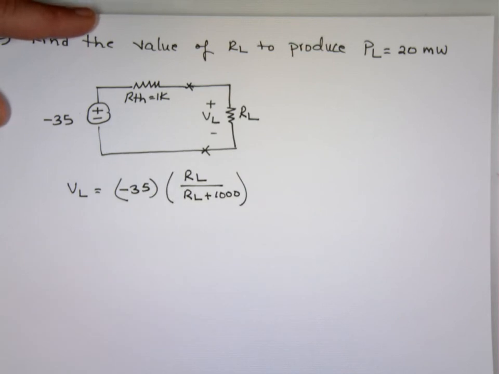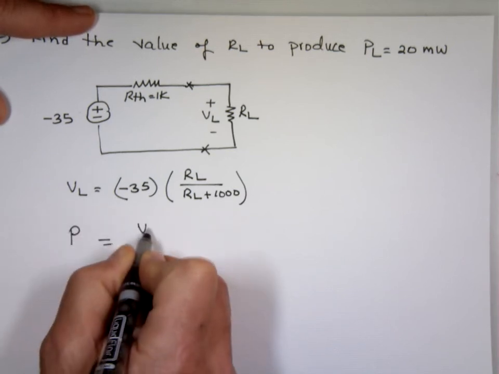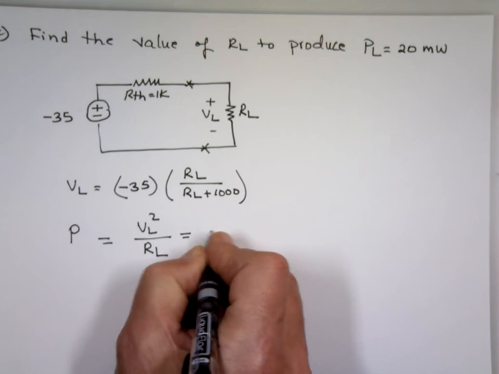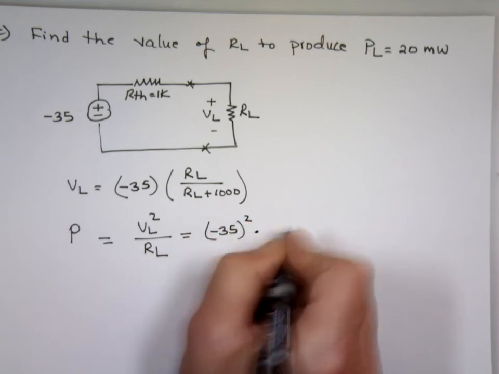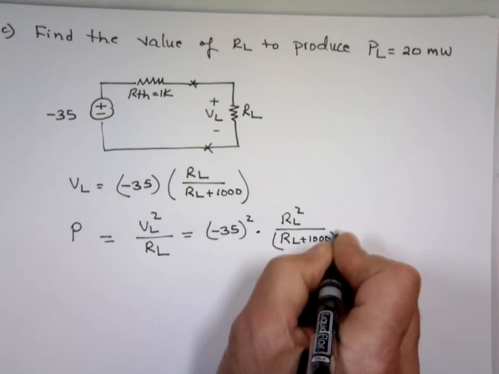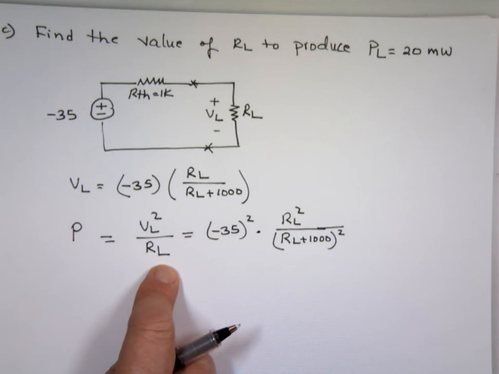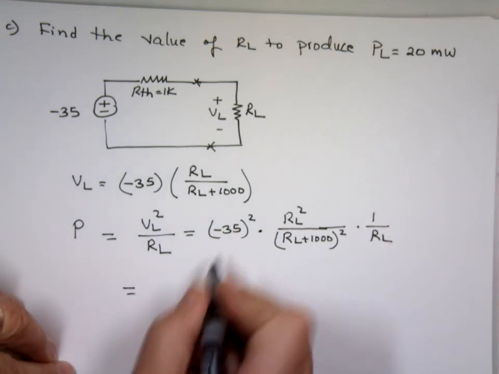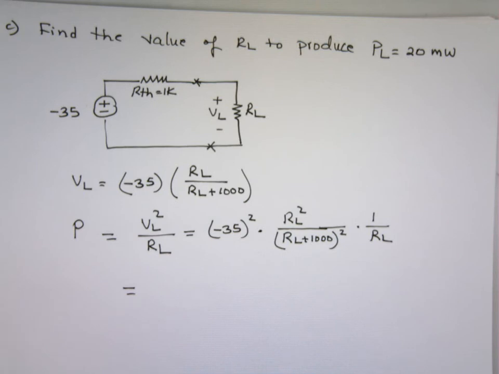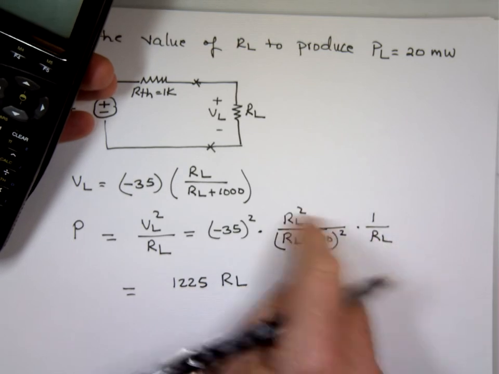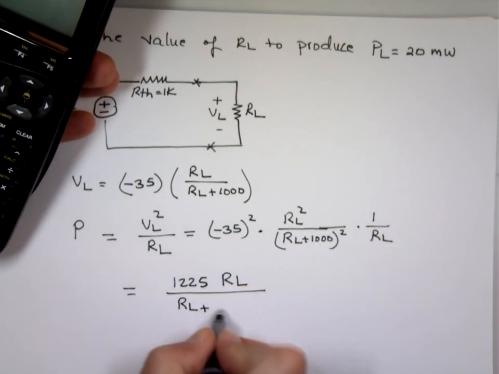And your power is going to be VL squared divided by R sub L. If you square that number, you'll have negative 35 squared times R sub L squared over R sub L plus 1,000 squared, and you're going to divide it by R sub L. Dividing by R sub L is the same as multiplying by 1 over R sub L. So the math says, what's 35 squared? 1225, times R sub L, this will cancel one of these, over R sub L plus 1,000 squared.